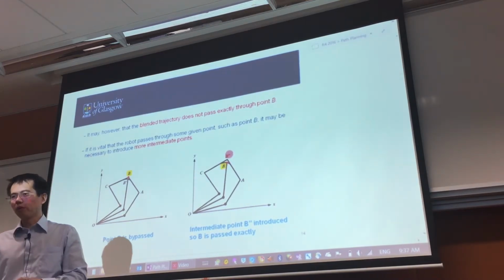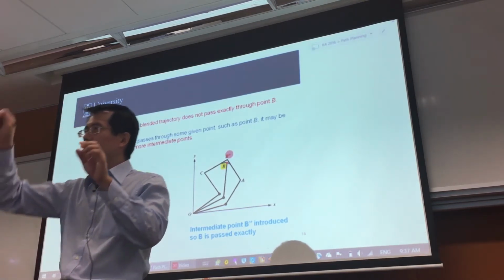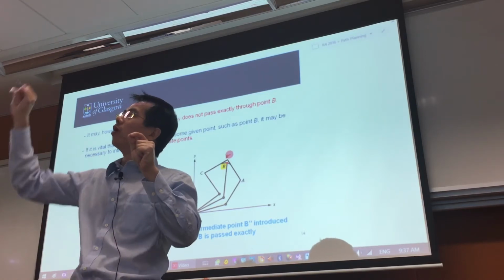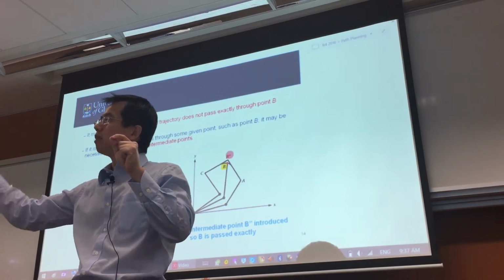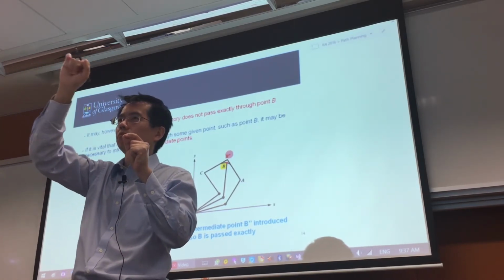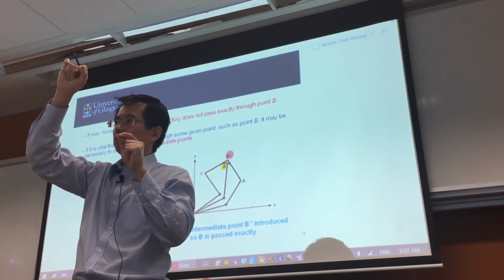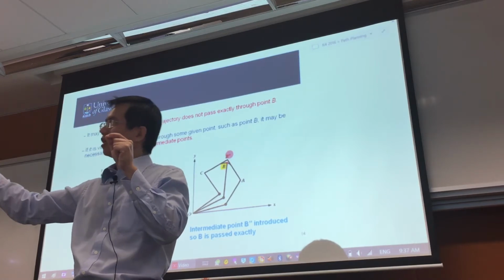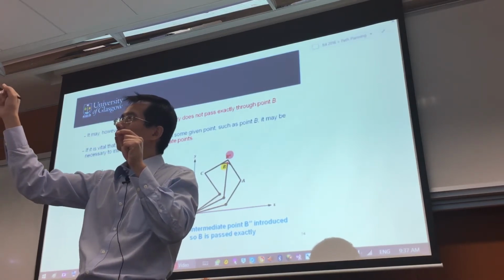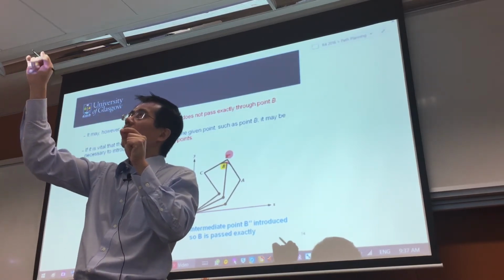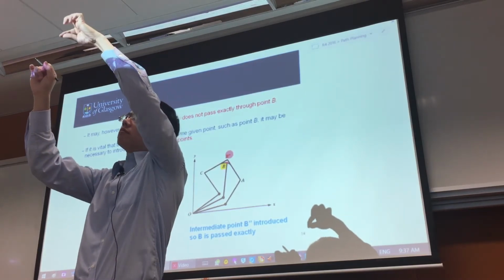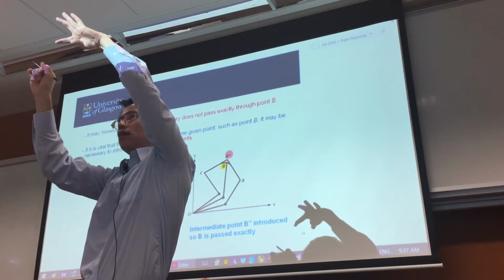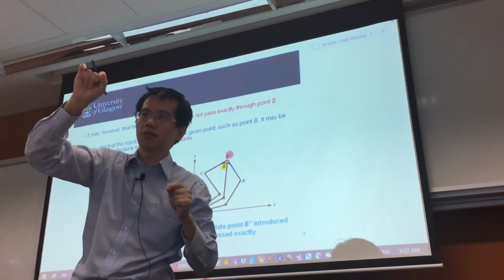What we're going to do as we move from A to C is that instead of going to B, we'll let the robotic arm pass through B prime. Now, how do we do that? We're going to accelerate it and then have it move at a constant velocity. And if that B point is a sharp angle, if it moves through at a constant velocity, it's going to experience jerk.